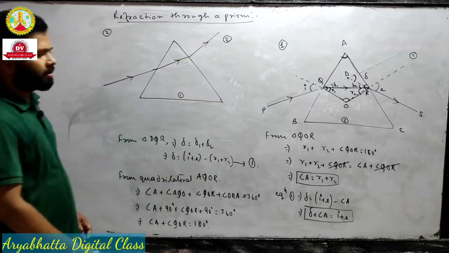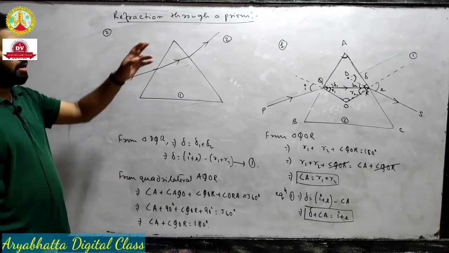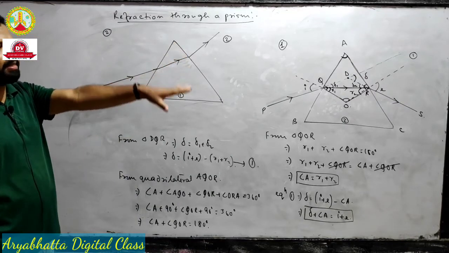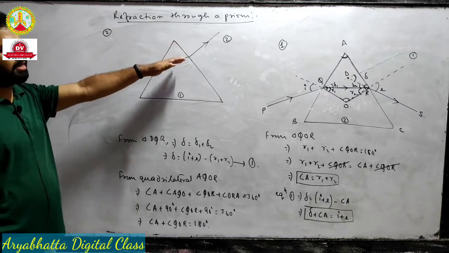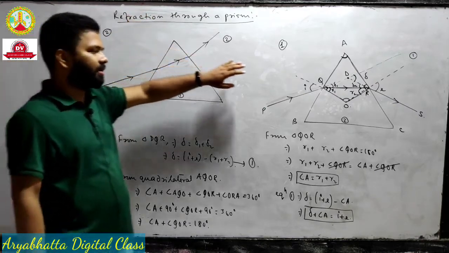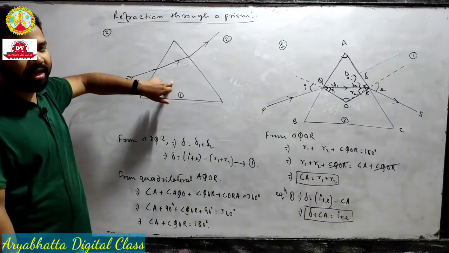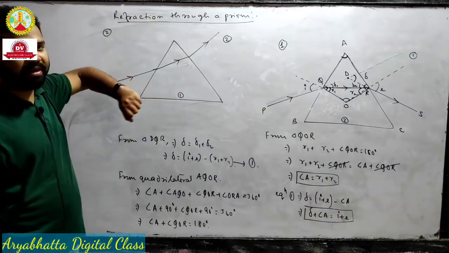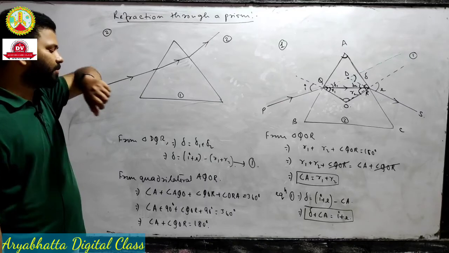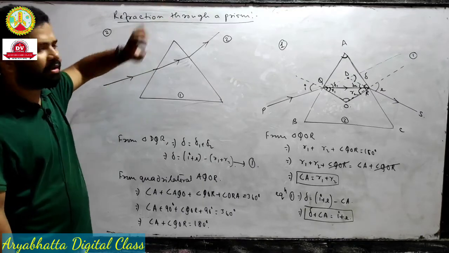So is this clear? If the prism is denser and the outside is rarer, then the refracted ray moves towards the base. But if the prism is rarer and its surrounding medium is denser, then it will move away from the base.